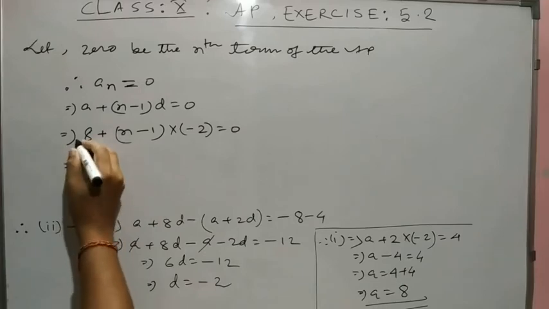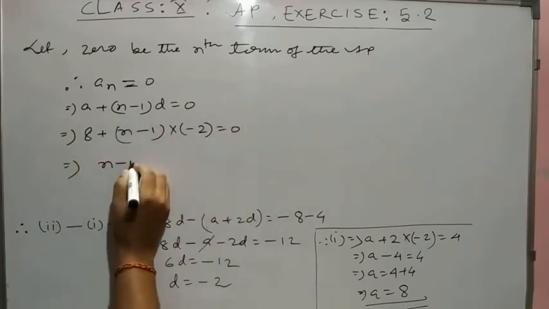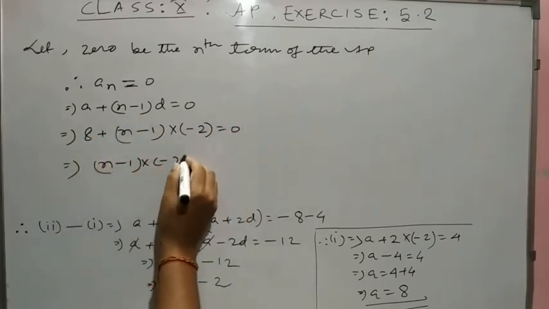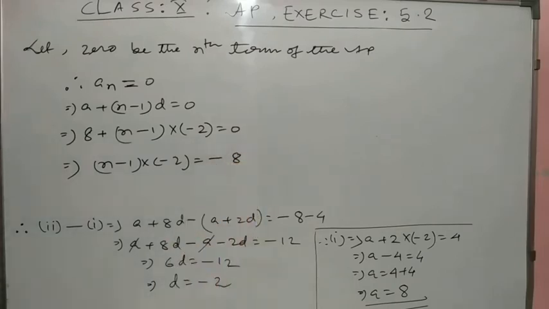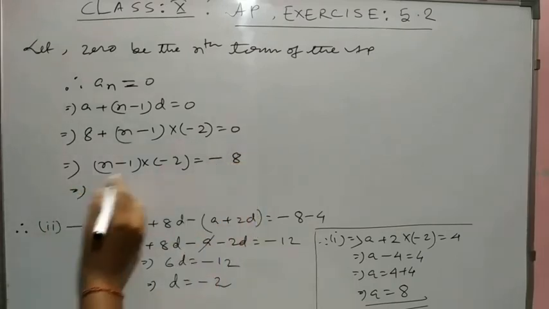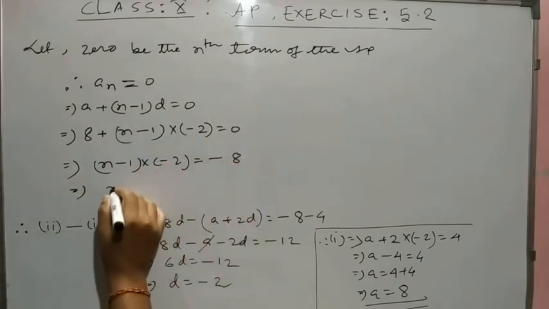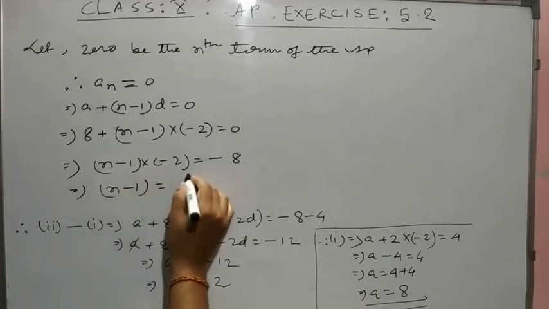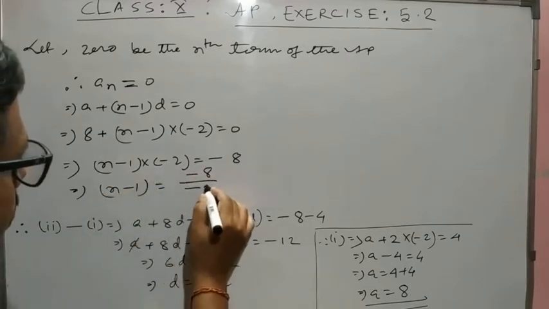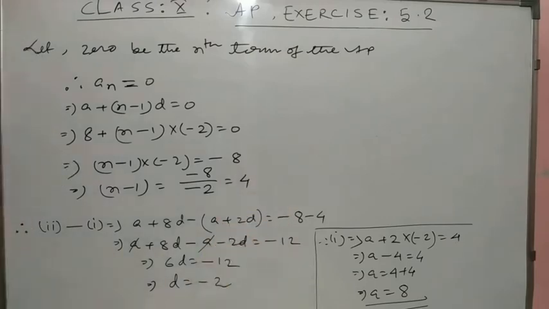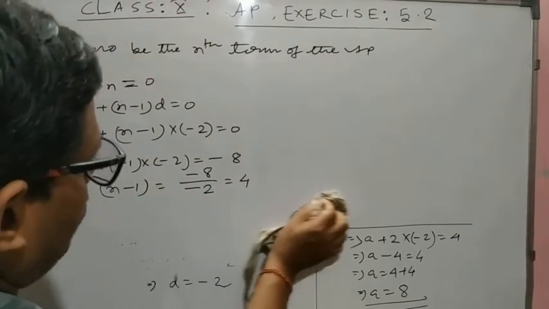Now, transfer this side. (n minus 1) whole into minus 2 equals minus 8. Now, transfer this minus 2 to this side. It will be n minus 1 equals minus 8 by minus 2, so on cancellation it will be 4.